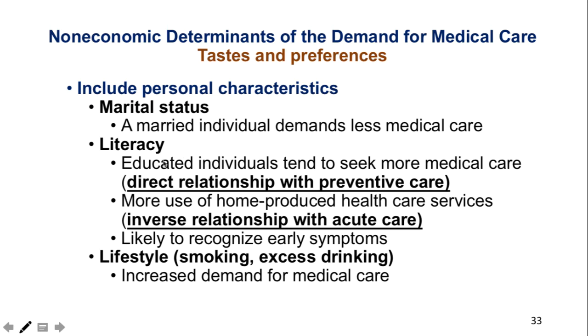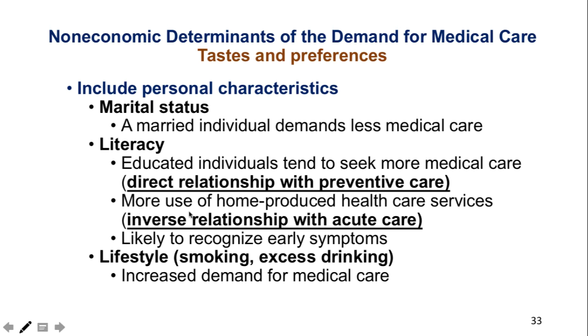Literacy is a little bit more complicated, because educated people tend to seek more medical care. There is a direct relationship with preventive care, right? They go for routine care to take care of their health regularly.